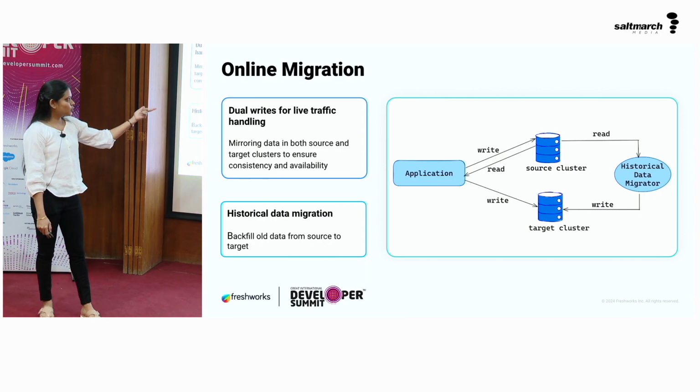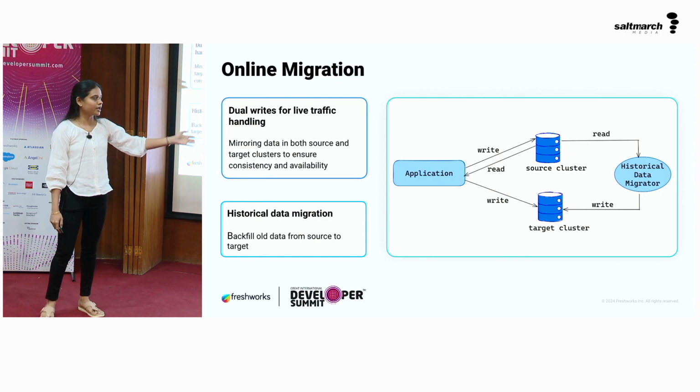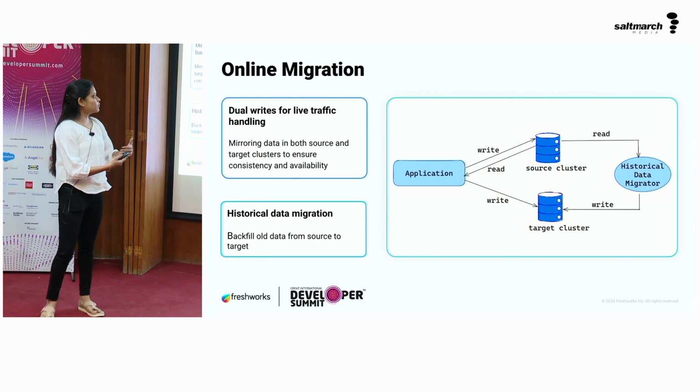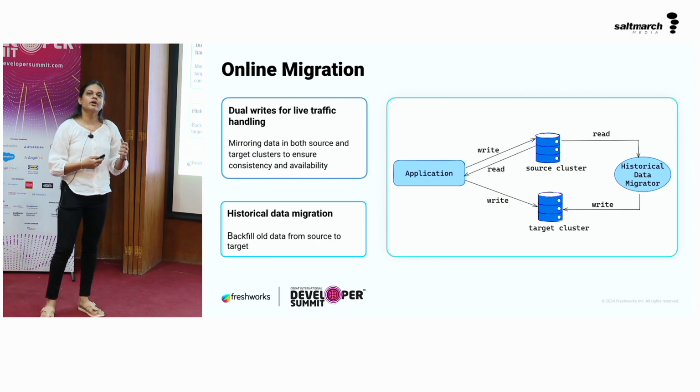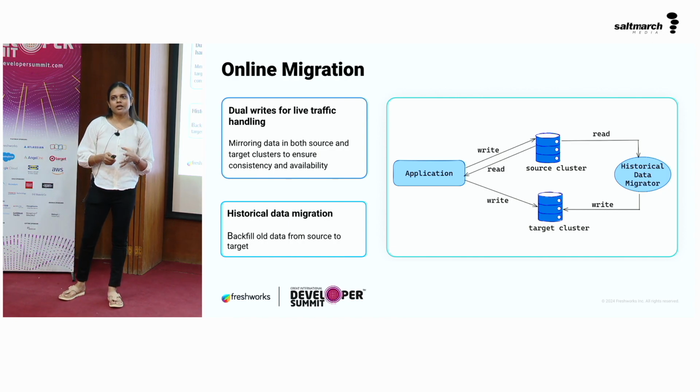So here we are covering two important phases, which is the live traffic handling and the actual data migration. So next we'll be talking about those options that were available to implement these two phases and how we narrow down to select the right tool that best suited our requirements.